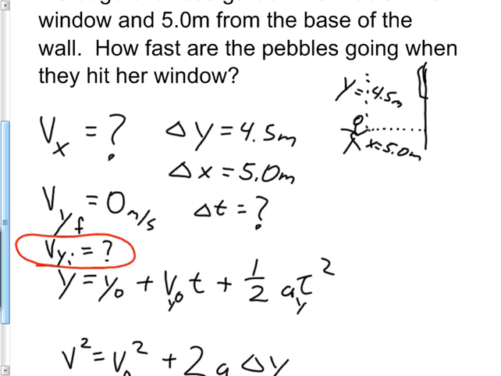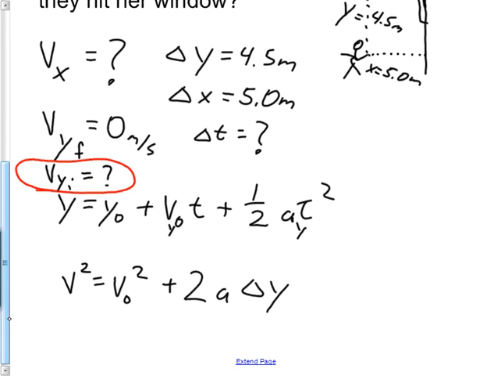So I want to know the y direction initial velocity, or v y naught. I can use the same annotation all the way through, a little y there, and a little y there, and a little y there, just to keep showing that we're looking at just the y direction here.